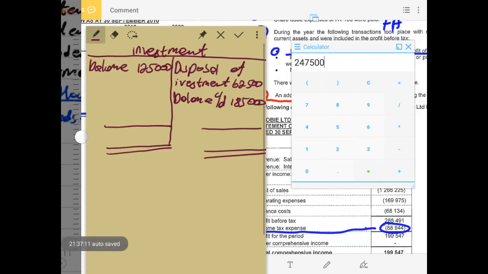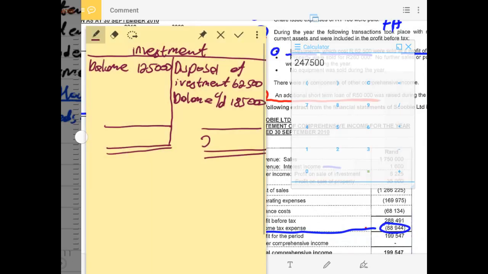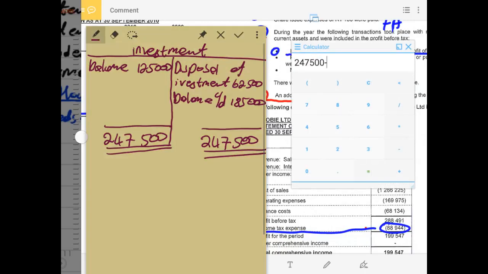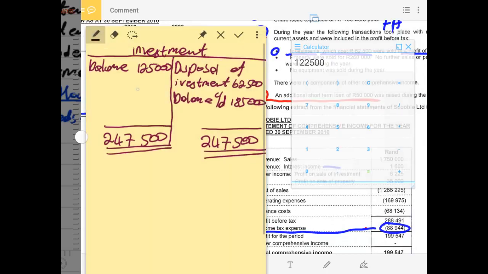That means our credit side is bigger than the debit side. So we put 247,500 as the total at the bottom of the ledger account. Then 247,500 minus the debit side, the opening balance of 125,000. The difference will be on the debit side, and the difference is 122,500. What is this difference for?